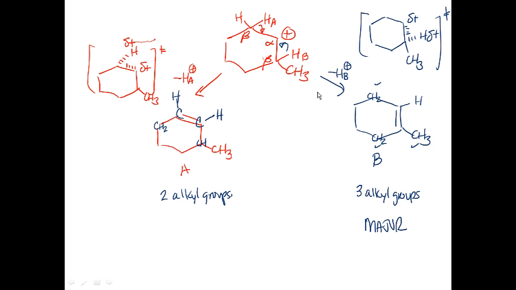Okay, so for us to be able to do E1 elimination, we need to find all of the beta carbons, all of the beta hydrogens, be able to do our elimination mechanism, and then look at the product and see which product has the most substitution.